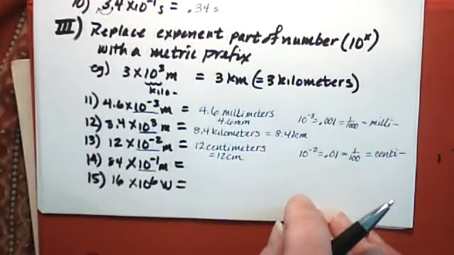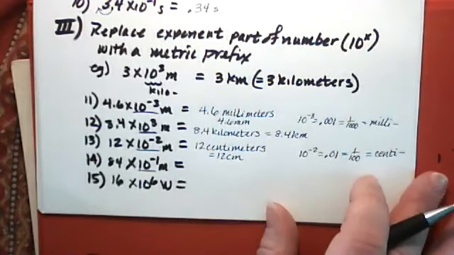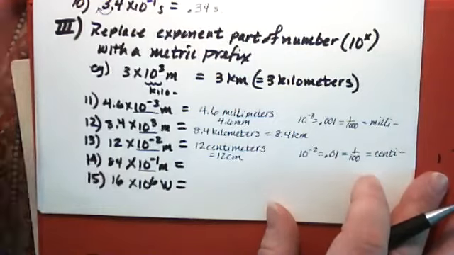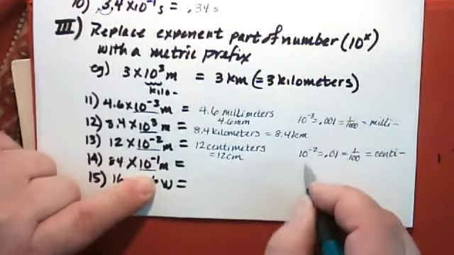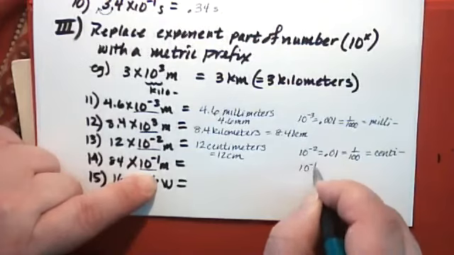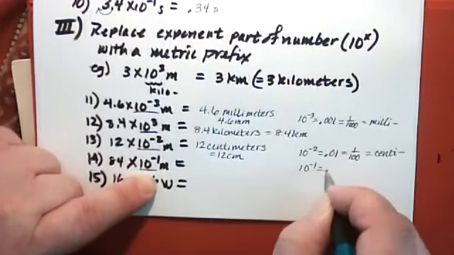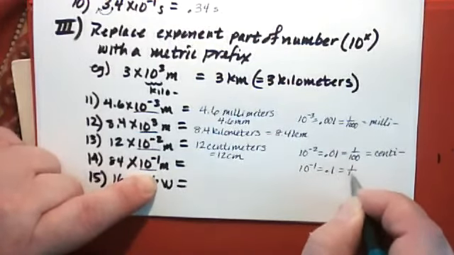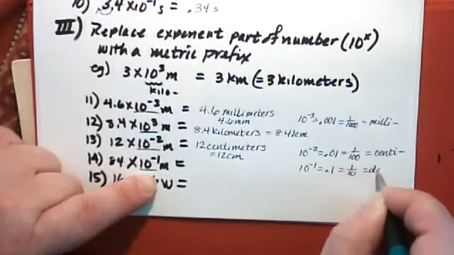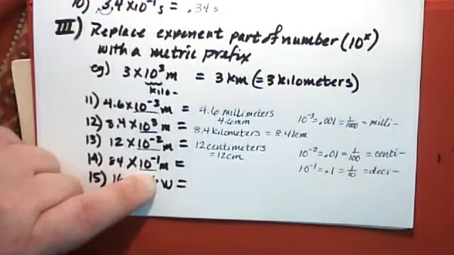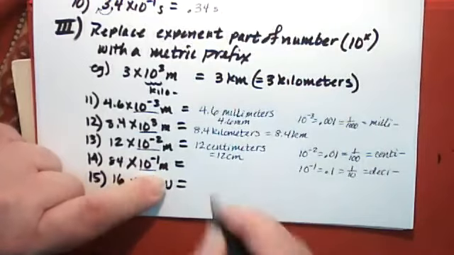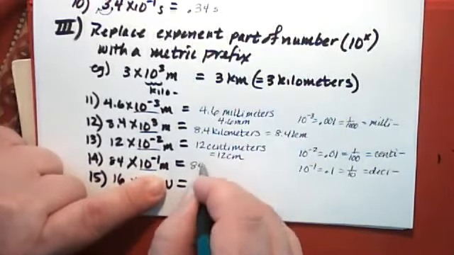If we have something like deciliters, rather than saying so many deciliters, in most cases we just say so many tenths of a liter, because 1/10 is what deci means. So 10 to the minus 1 equals 0.1, or in other words, 1/10, and that is deci. Okay, so this would be 84 decimeters.